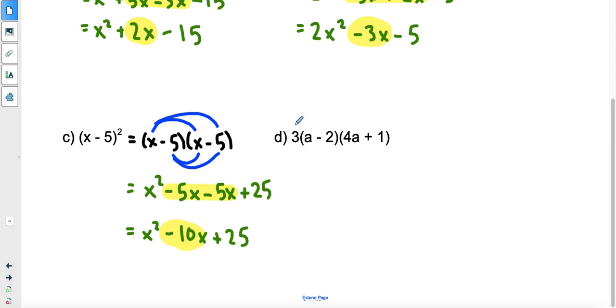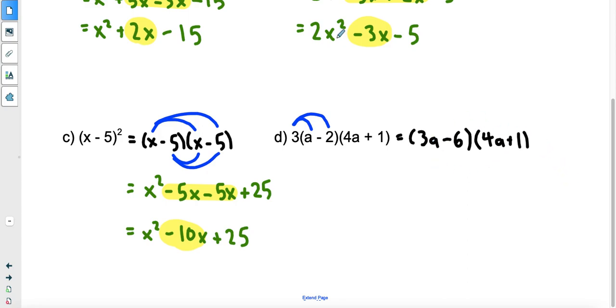So what we could do is we could take the 3 and multiply it by a minus 2. And if we do that, well, 3 times a, that's just 3a. 3 times negative 2 is just negative 6. And we're multiplying all of that by 4a plus 1.